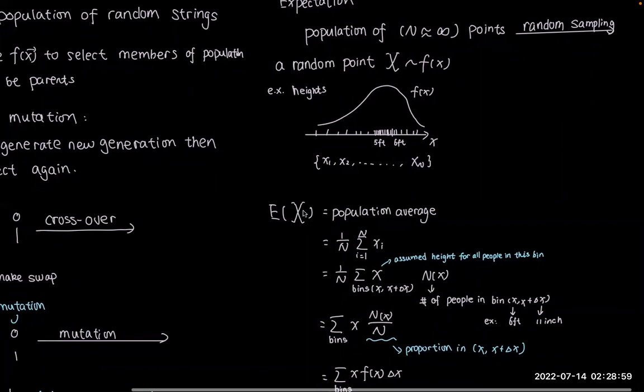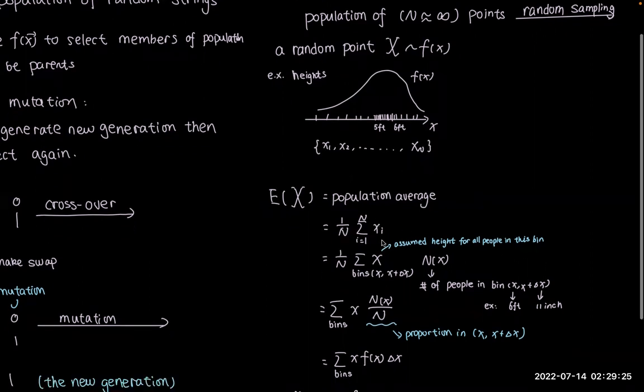And then we can think of the expectation of x as a population average, which means you sum over all xi for i from 1 to capital N, and you divide this by capital N. So this is the population average, and this is the expectation of the random variable x, which is a random point sampled, selected from these capital N points.